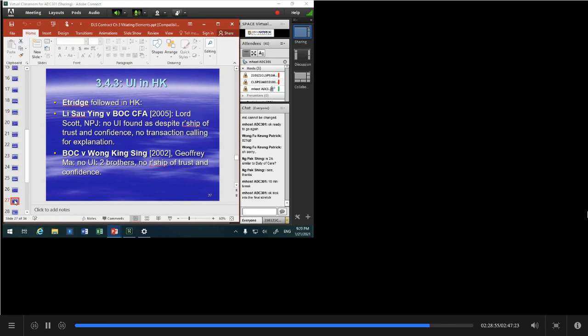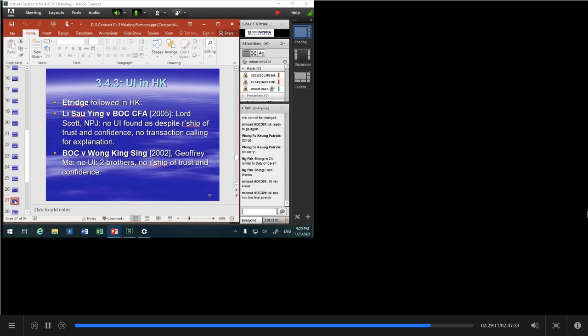In the Li Xiaoying case, there was a relationship of trust and confidence, yes, but the weaker party did not enter into a transaction calling for an explanation because they were set to benefit from the transaction anyway.